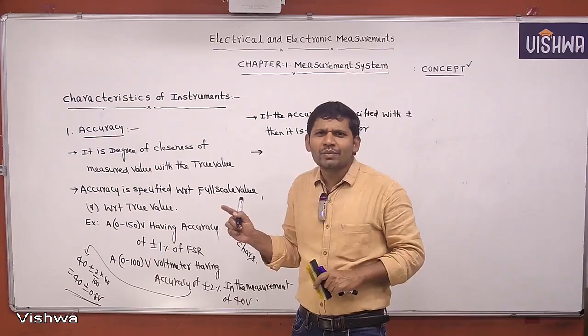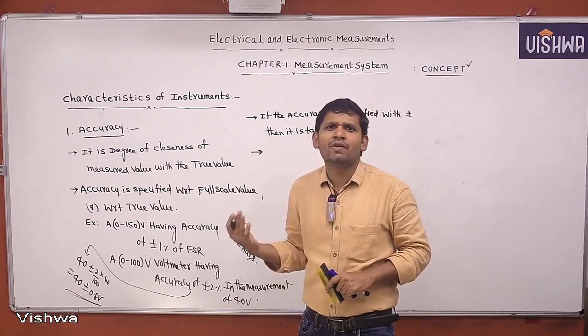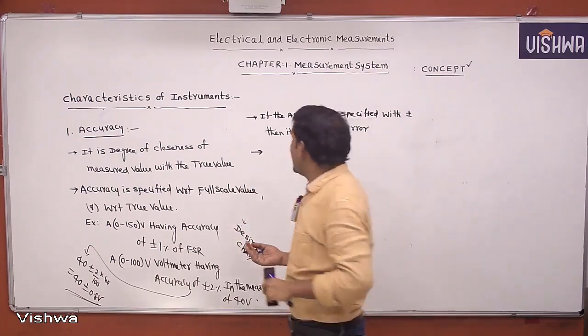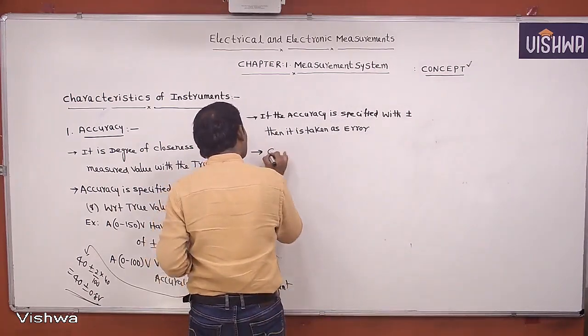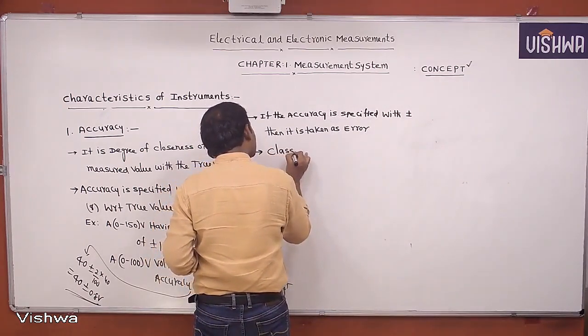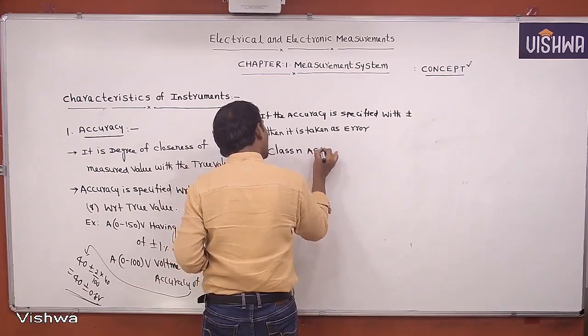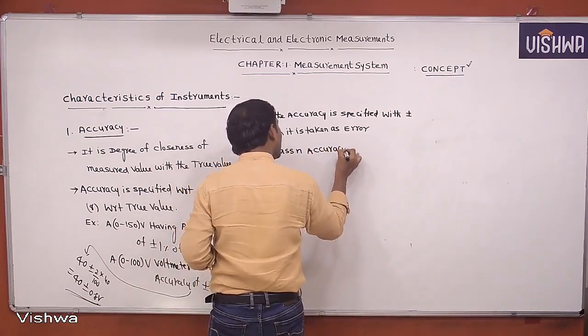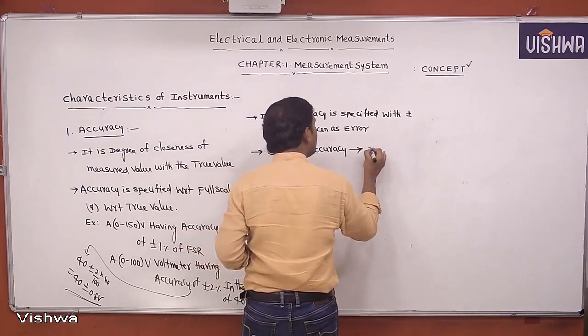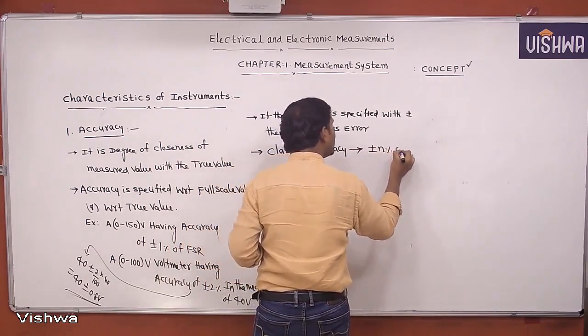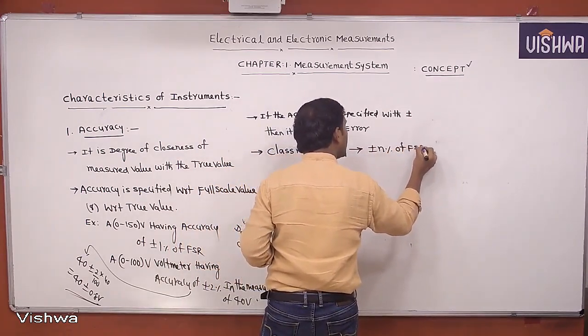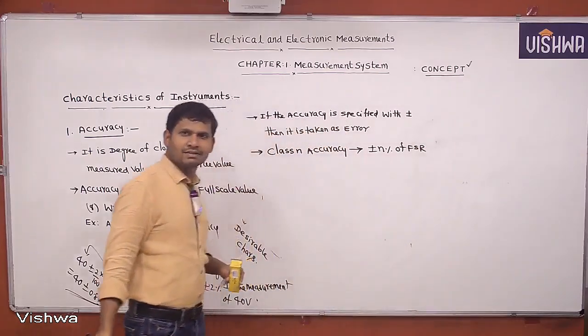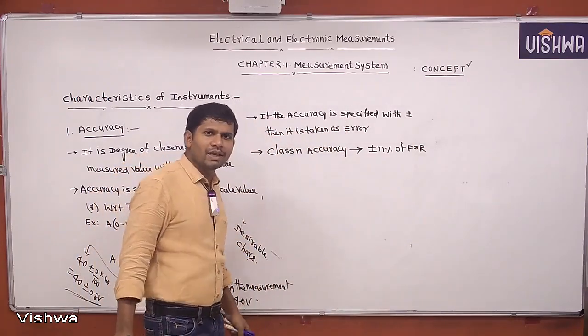Class 2 accuracy means you take plus or minus 2% of full scale reading. That's why I am giving a generalized formula here. What do you mean by class N accuracy? Class N accuracy means you take plus or minus n% of full scale reading. If the accuracy is specified like this class, then you take plus or minus n% of full scale reading.